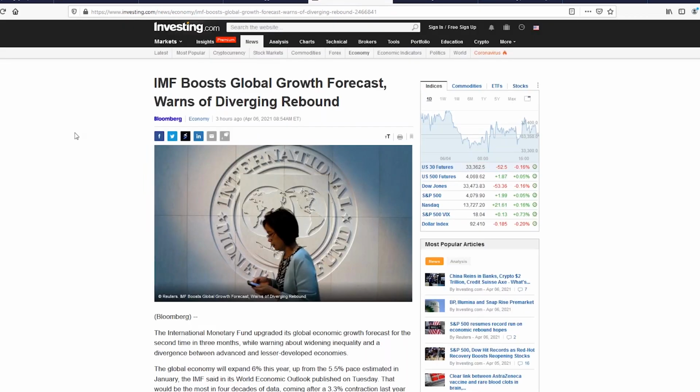Then the next headline, IMF boosts global growth forecast, warns of diverging rebound. That's kind of a mixed bag. The first part, the International Monetary Fund boosts global growth forecast. And by the way, it's the second time they've done that recently. So again, good news, right?